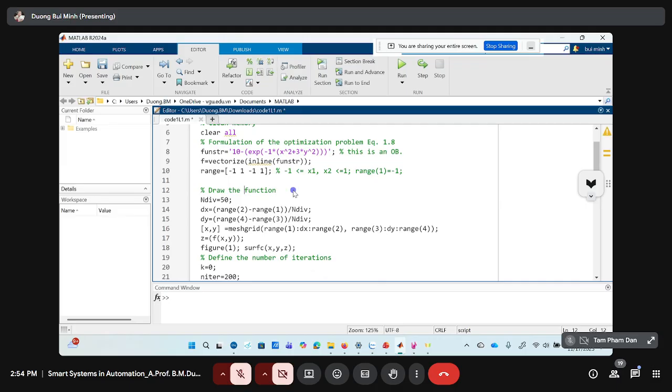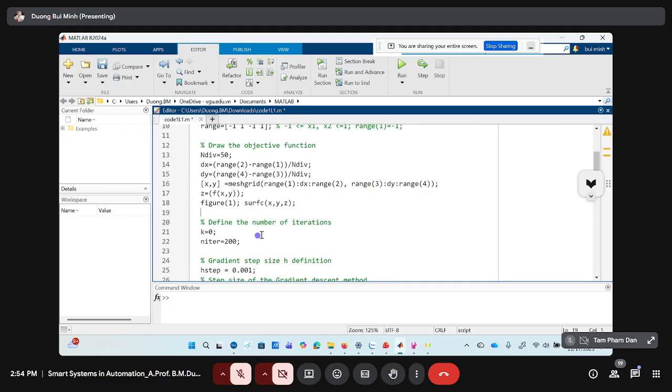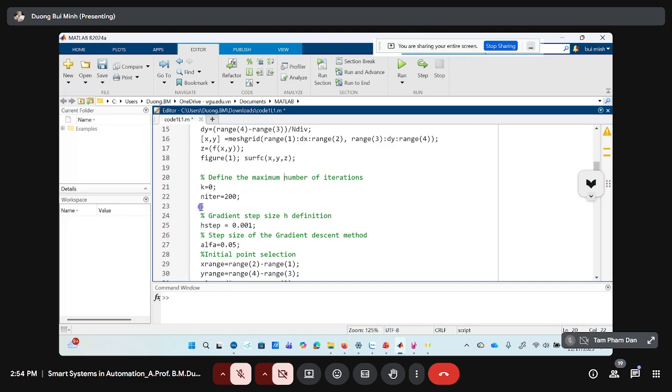Then now we define the maximum number of iterations. At the beginning k is 0, and the maximum number of iterations is 200, and each step is 0.001.